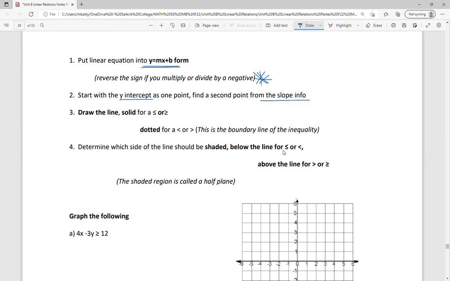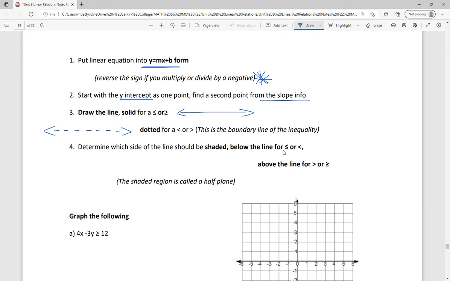The key thing here is if there is an equal to sign, it's a solid line. And if there's no equal to sign, it's a dotted line. So much like that last example that I mentioned, the open and the closed dot, that's the difference when we're doing the graphing of the linear inequalities.